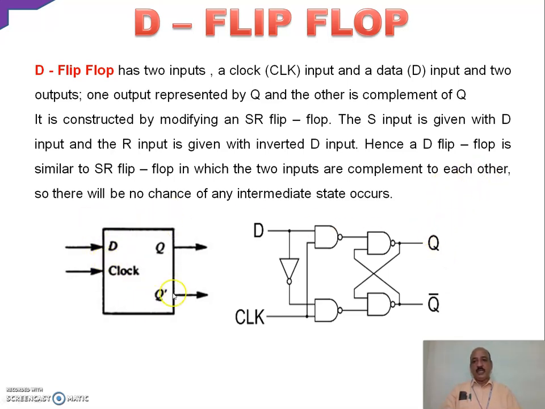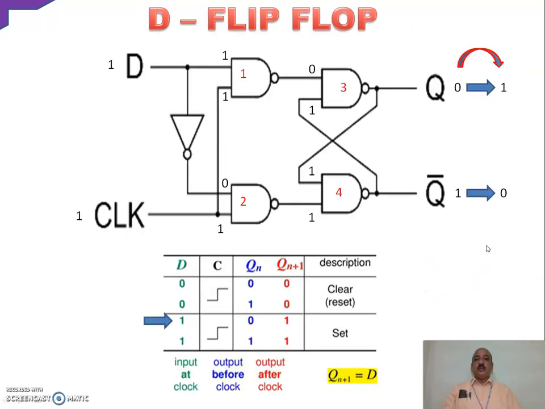So this is the block diagram and this is the logic diagram of a D flip-flop, having the D input, clock input, Q and Q bar as outputs. To understand the working of a D flip-flop, let us have the output Q equal to 0. Then we apply D equal to 1 and clock equal to 1.